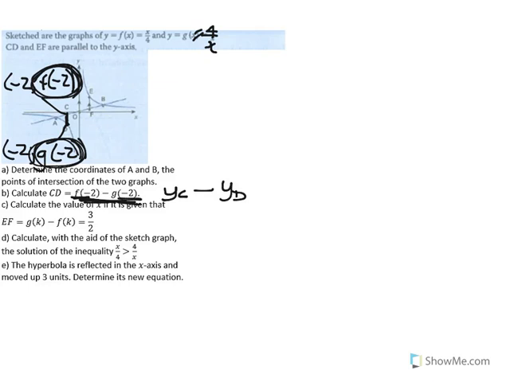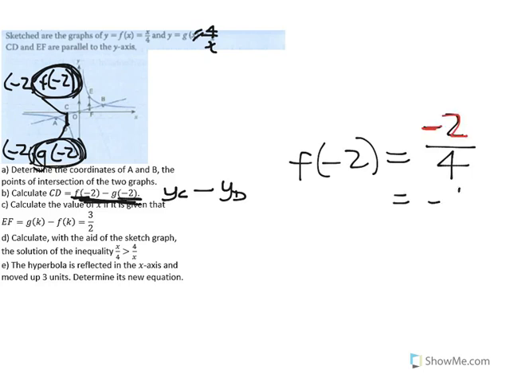Right? And so we need to figure out what those two y coordinates are. So what is the value of the function f when my input is -2? Well, so f of -2 is going to be -2 over 4, right? My input is -2, and that is -1/2.